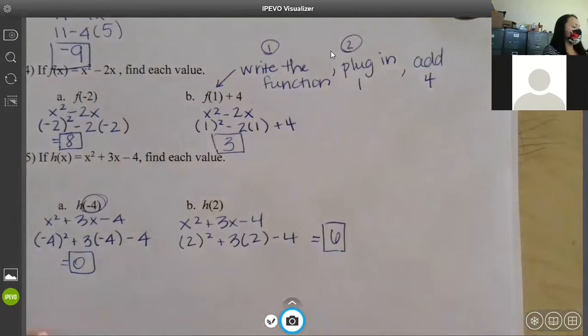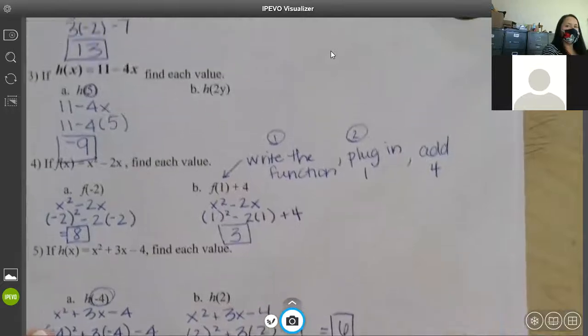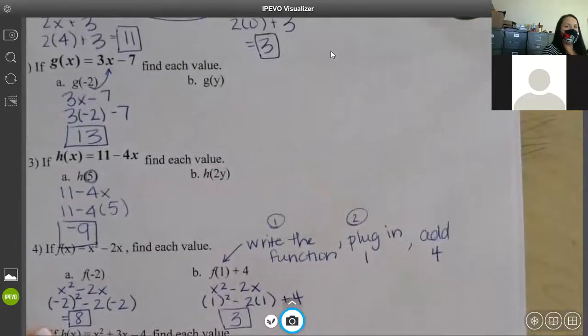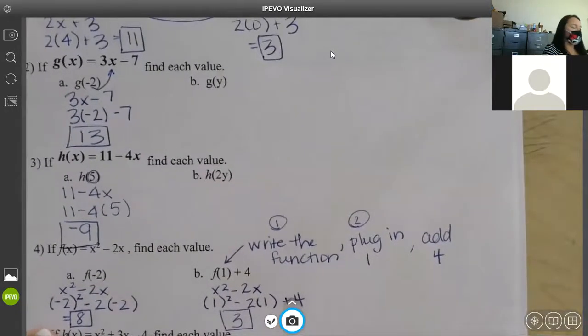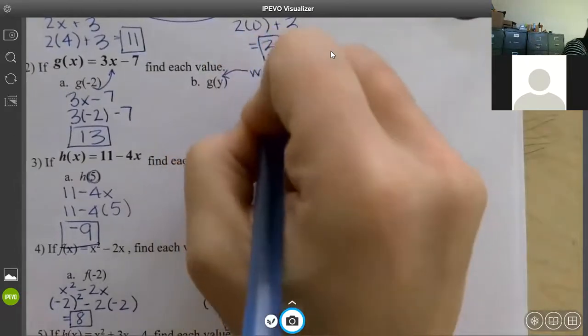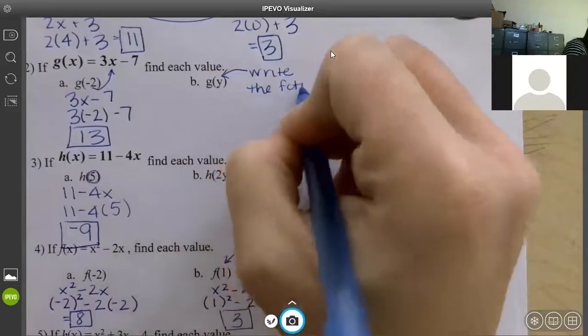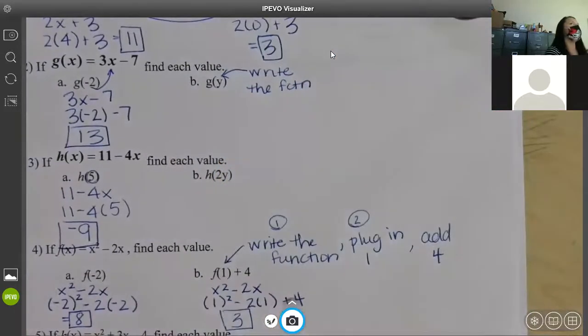2 more. I'm going to start with B on number 2. I know I'm skipping everywhere, but B number 2 is where I'm going because it's only got 1 letter. So this says, write the function, and I'm just putting an abbreviation, FCTN is function. Write the function.